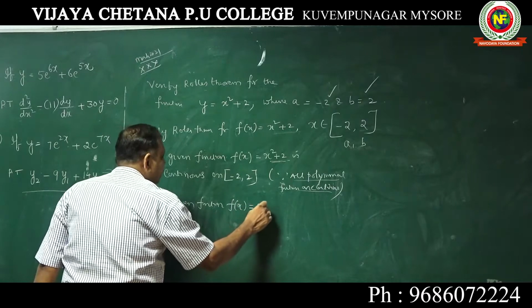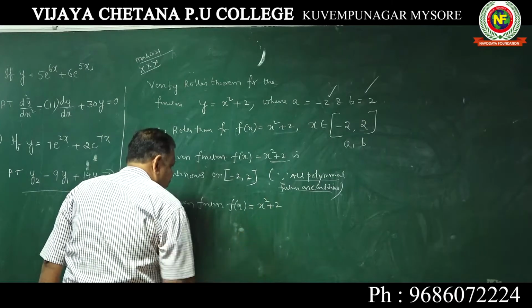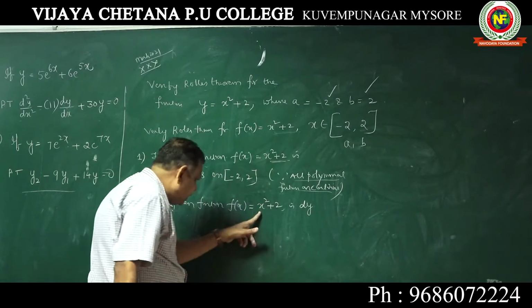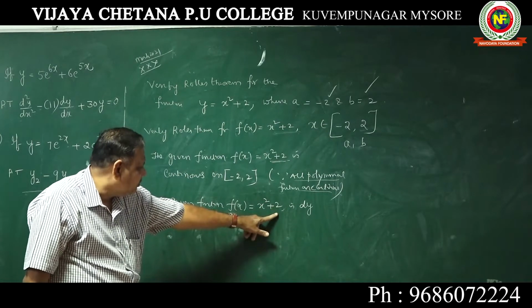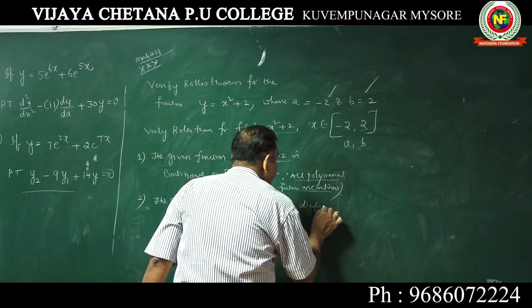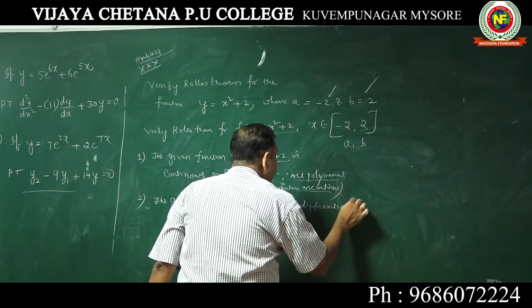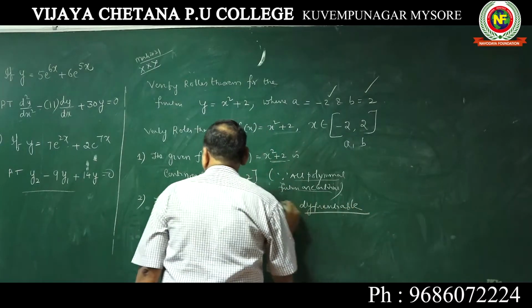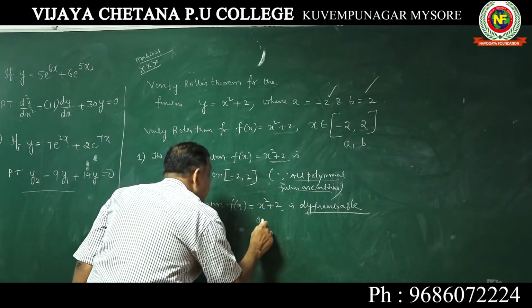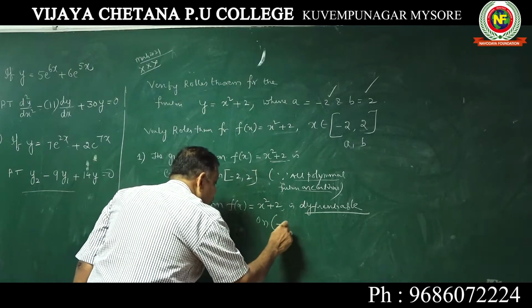f(x) is equal to x squared plus 2 is differentiable. See, you can differentiate: the derivative is 2x, and the constant gives 0. So it is definitely differentiable. Very important here: not only differentiable, it should be written on an open interval.